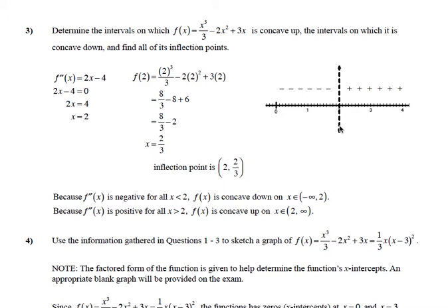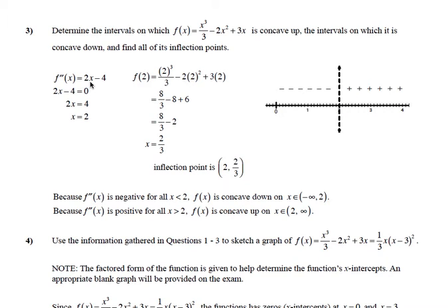And then you choose, as we have before, a value to the left and a value to the right to evaluate the second derivative. And the best choices are 0 and perhaps 3 or 4. And it's very easy to do for a linear function.